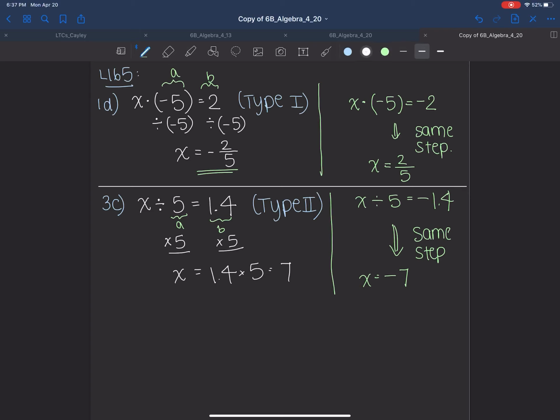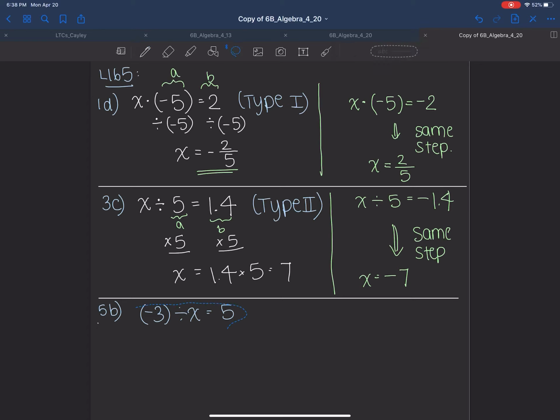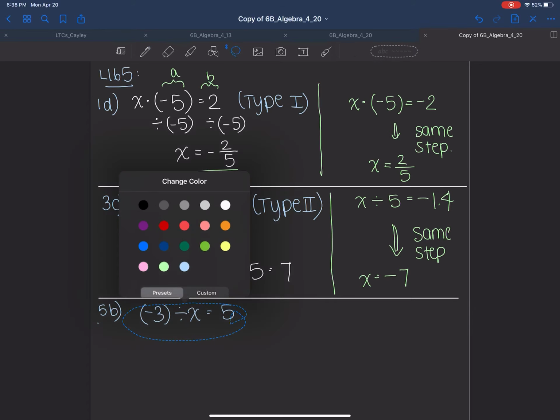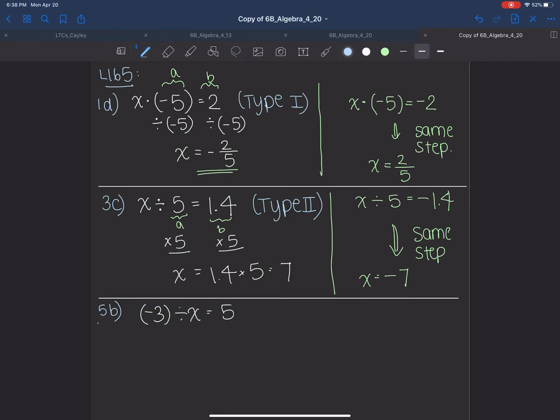Last but certainly not least, let me draw that better, is 5b, where we have minus 3 divided by x is equal to 5. Oops, I should have written that in white. This is a type 3 equation.